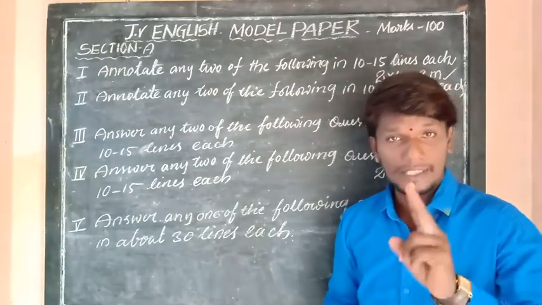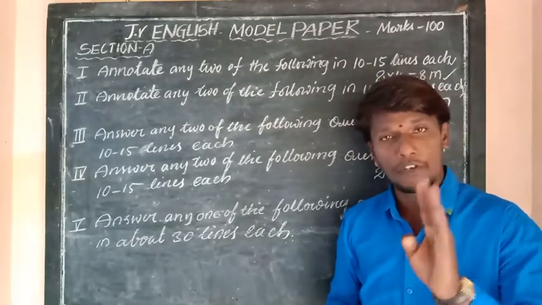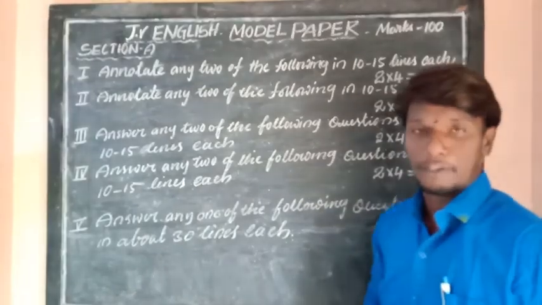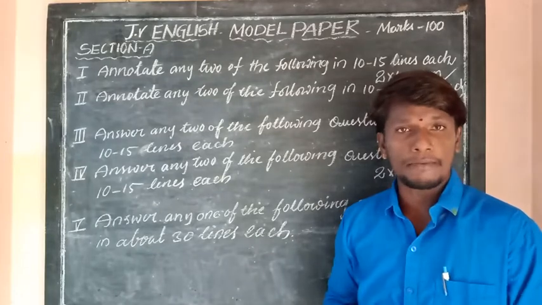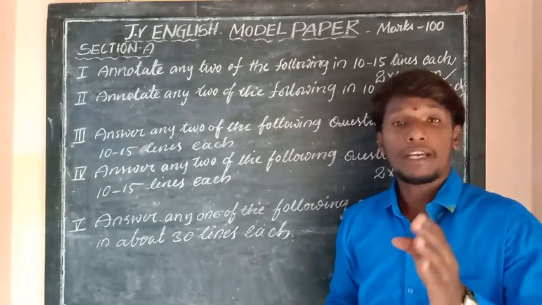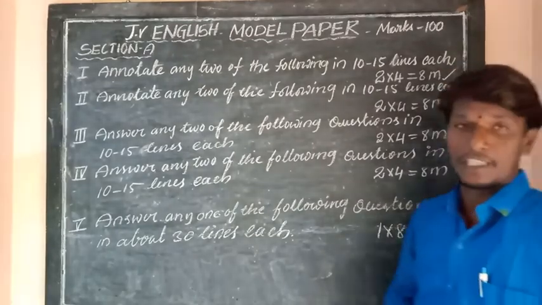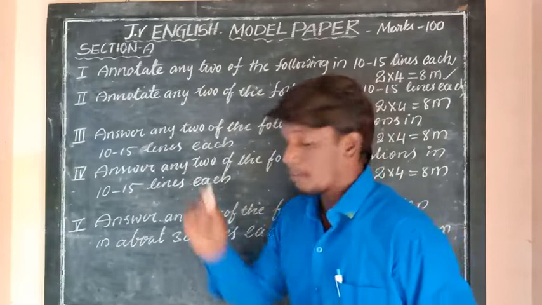Each annotation carries 4 marks. Totally 2 into 4 is equal to 8 marks. Now from both prose and poetry, from the annotation side, we are going to get 16 marks. That means 2 into 8, 16 marks.